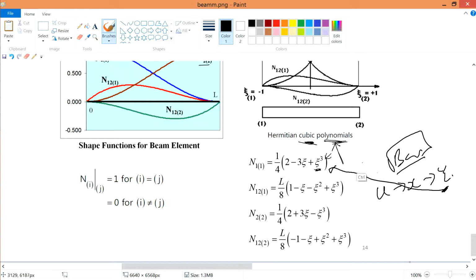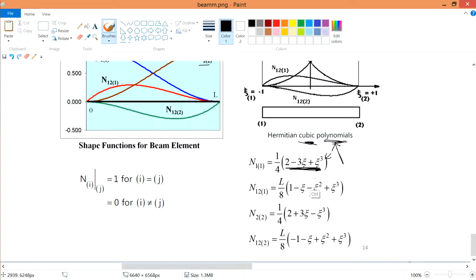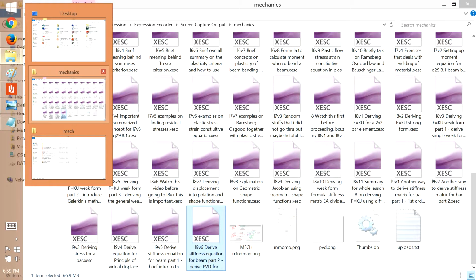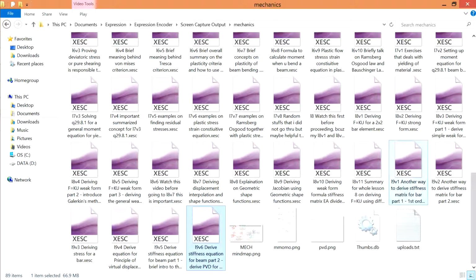This ξ is just related to that ξ in a different mapping. The equations over here, cube, square, everything, are very similar to the first few videos I started with. You can watch L9V7, another way to derive using the first order equation.